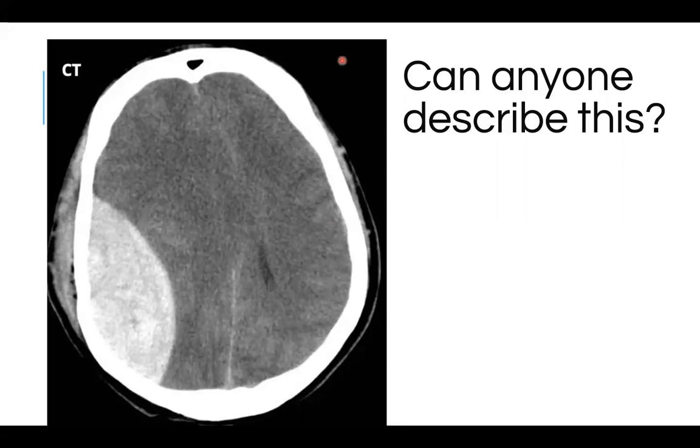Okay, so Rahul said pneumocephalus. Okay, that's not pneumocephalus. What are you talking about here or here? This is a bit of pneumocephalus if you were going to say that, I would agree with you, but this is not pneumocephalus. This is the frontal sinus.